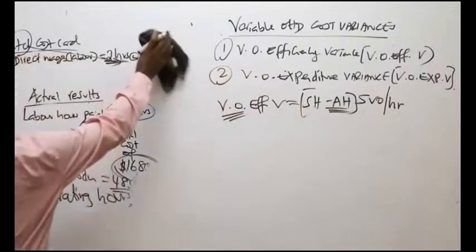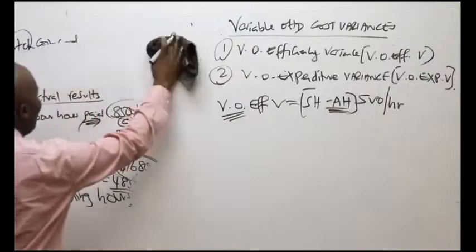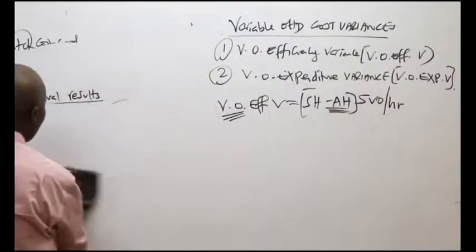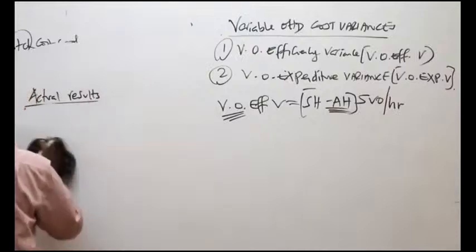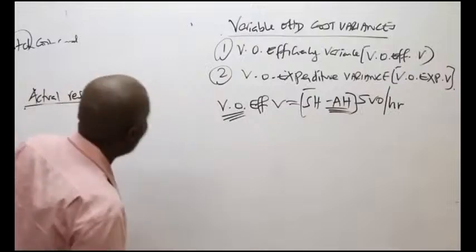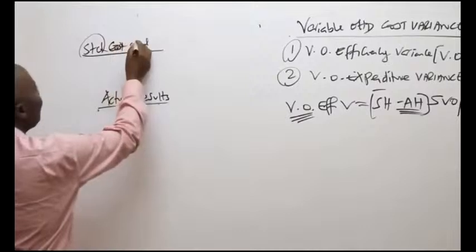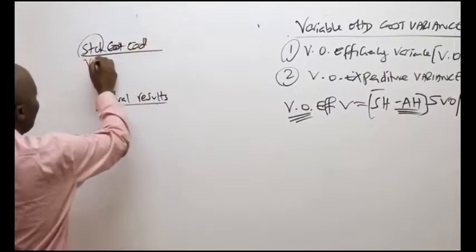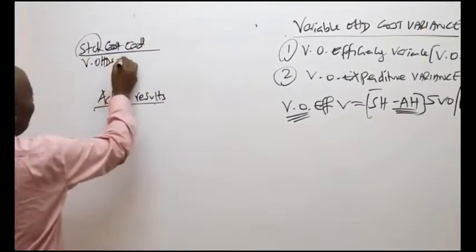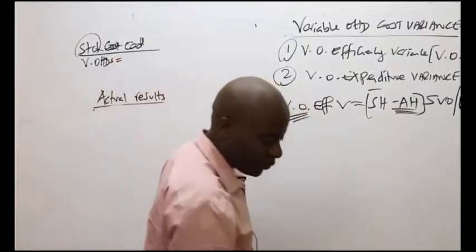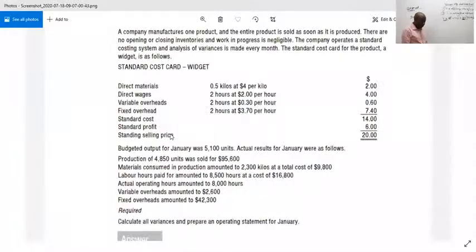So now we are looking at variable overheads one at a time. Go to that particular place in the question where they make reference to variable overheads.